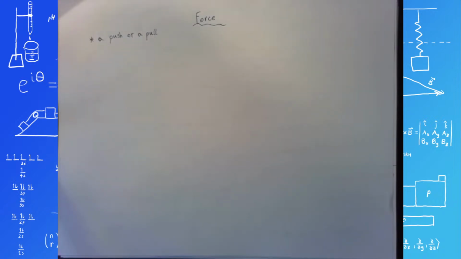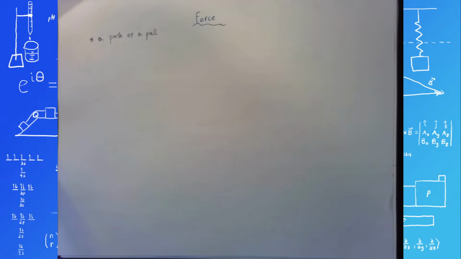He's concerned about Newton's first law, so he defines force in a different way. He defines force as the ability to accelerate an object or something like that. And I don't think you need to word it that way. I think the simple definition of a push or a pull is all you need.